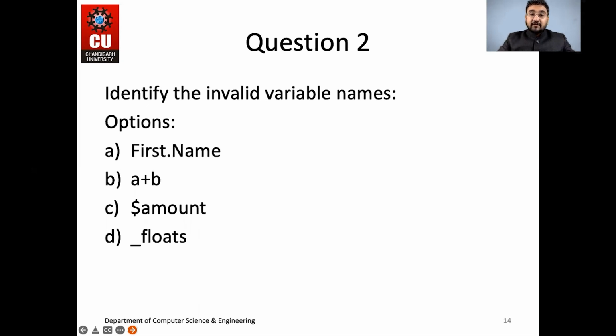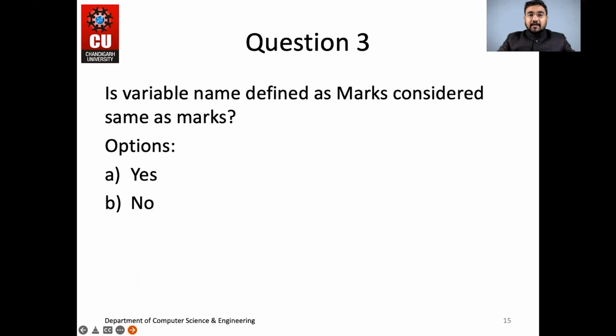Let's move on to the next question. Identify the invalid variable names. So you have to find out invalid variable names. There could be more than one invalid variable name. You have to figure out all the invalid ones. Next question, is the variable name defined as marks considered the same as Marks? Yes or no?